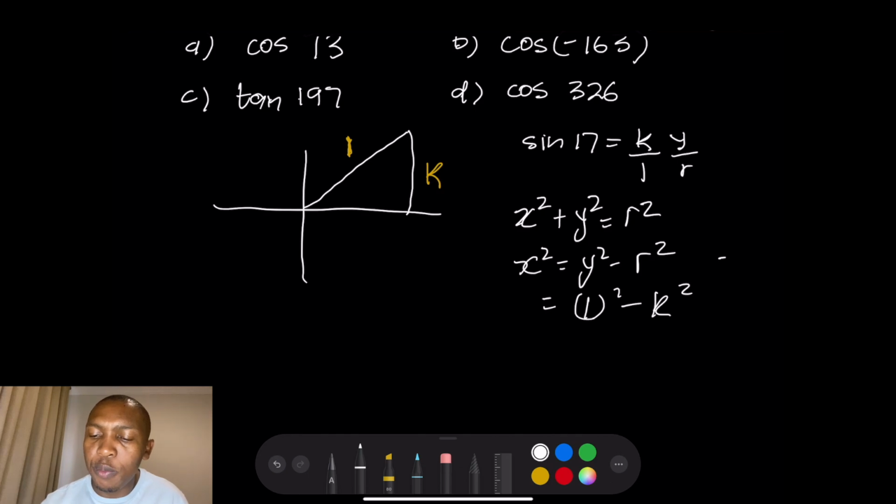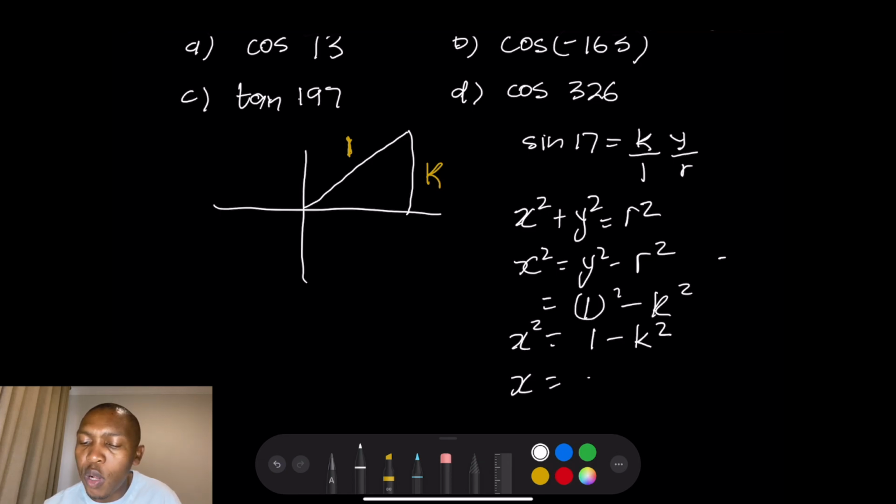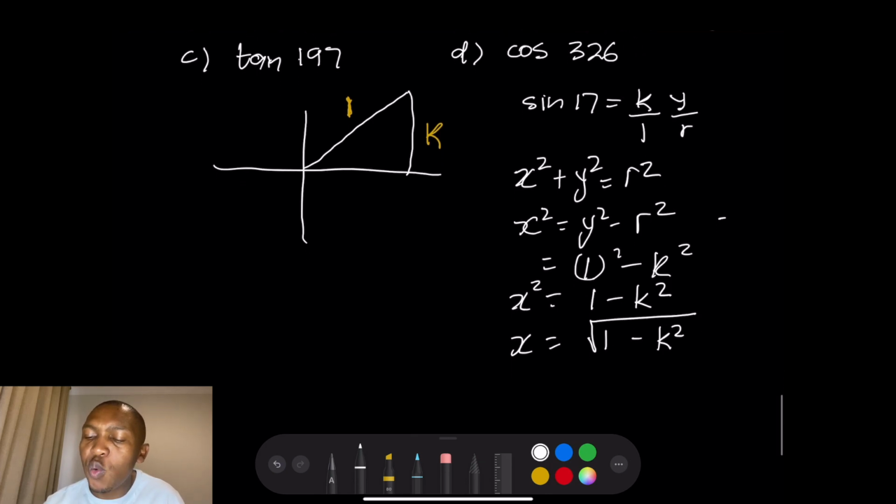Of course, it would be important if it was negative, put it in brackets. So x squared is equal to 1 minus k squared. And so as a result, x would be equal to the square root of 1 minus k squared. Now, please be careful not to say that the square root of 1 minus k squared is equal to 1 minus k. It's not the same, okay?